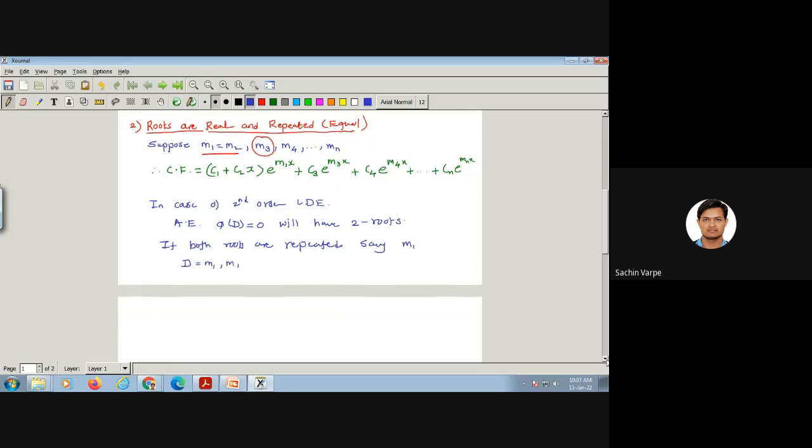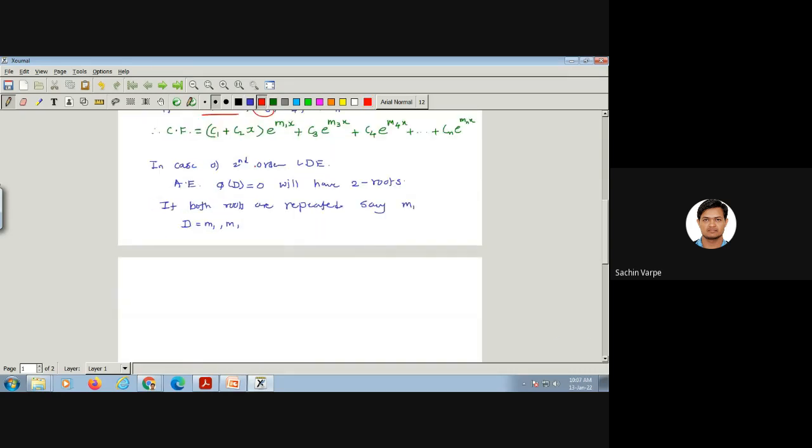So what is the factored form of this phi of D in terms of these two roots? The two factors will be there, no? So phi of D can be written as (D minus m1) the whole square, or (D minus m1)(D minus m2). One more thing.